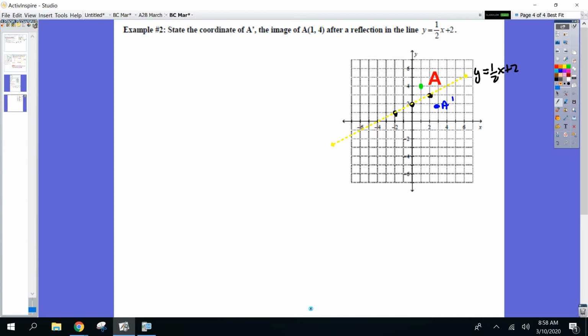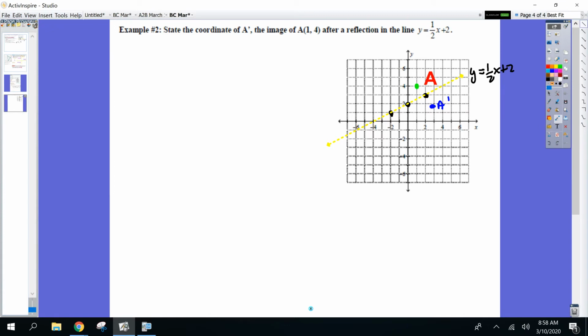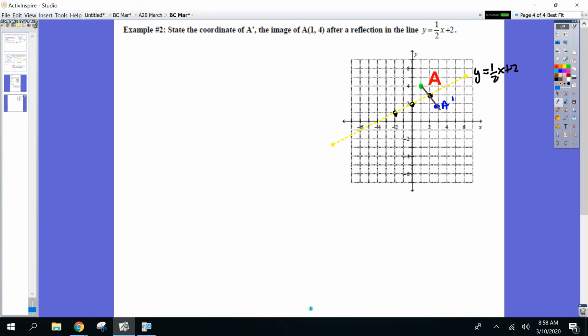Connect A A prime for me. Go ahead, make that segment AA prime. Because I want to make a plan before I just let people go on their own here. I think you guys are underestimating this problem a little bit. So there's AA prime. What's the line of reflection doing to it? It's bisecting, right?